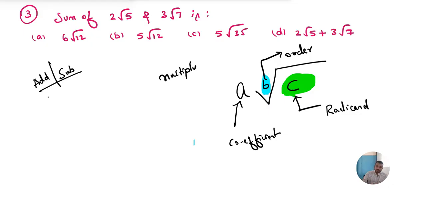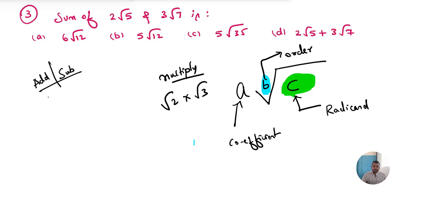If you want to multiply two surds, for example root 2 into root 3, first I will tell you multiplication. If you want to multiply two surds, both the orders should be the same.